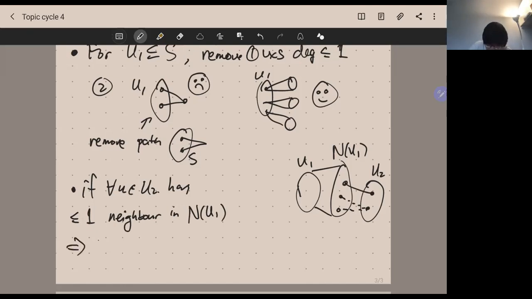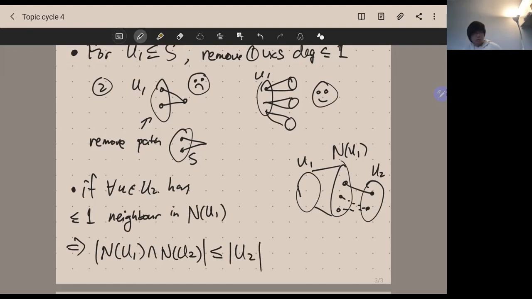If this is the case, we can guarantee that their intersection is at most the size of U2, because each guy in U2 sends at most one, right? So this also motivates us to want to delete not just paths of length 2 based on the small set of vertices, but also paths of length up to 5 based on the small set of vertices. But it could be that these two endpoints are identical. It could be a cycle even. So this might even be a cycle, or maybe it looks like that.